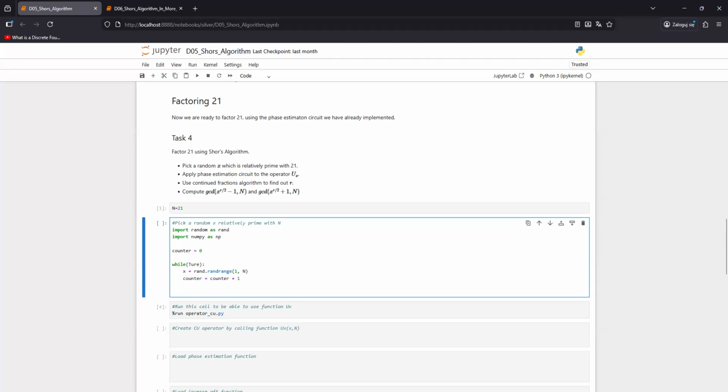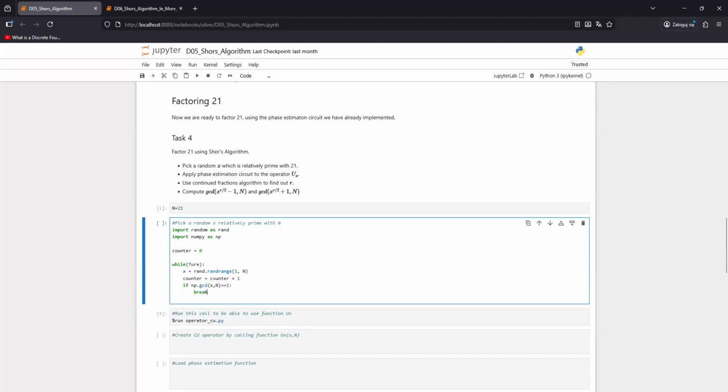This is just for our information, it's not necessary, but nice to have. And now for calculating the greatest common divisor, we can use the function that we already have in the NumPy library. We check whether this is equal to 1. If it's equal to 1, then very good. We have a good start.